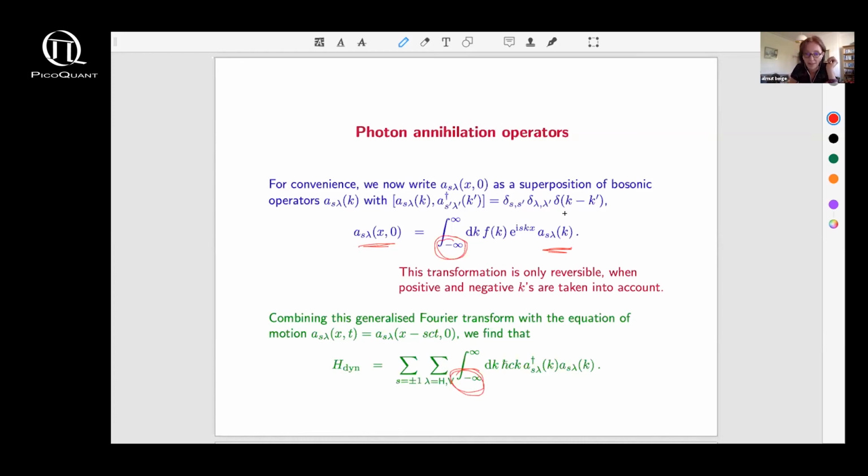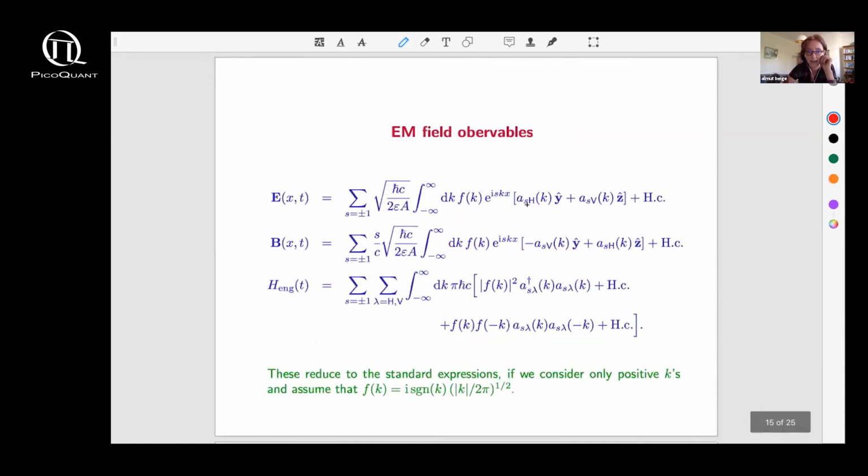One way of getting this transformation is you could just write down the electric field and the magnetic field observables in momentum space and compare the expressions, and you see that these expressions that we get by introducing a_{s,λ}(k), we get a description in momentum space, in photon space, that looks essentially exactly the same as it always looks, as long as we look only at positive k's and we choose our f(k) in a certain way.